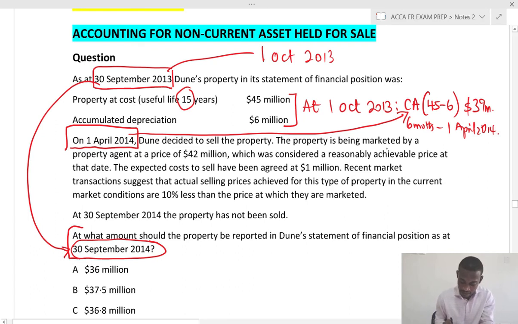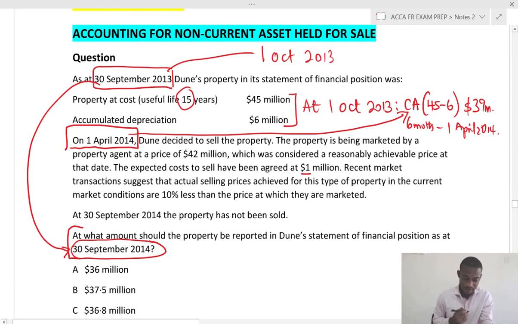The property is being marketed by a property agent at a price of 42 million, which was considered a reasonably achievable price at that date. The expected cost to sell has been agreed at 1 million.